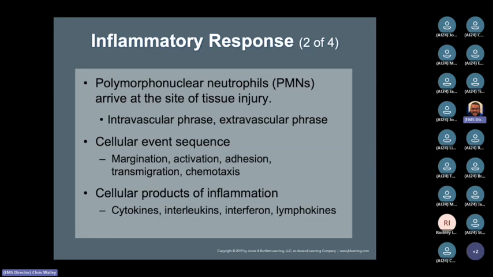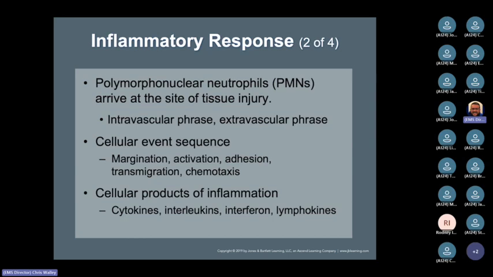The cellular event sequence is migration, activation and adhesion, transmigration, and chemotaxis. Cellular products of the inflammation. Let's see. Interleukins attract white blood cells to the sites of injury and bacterial invasion.